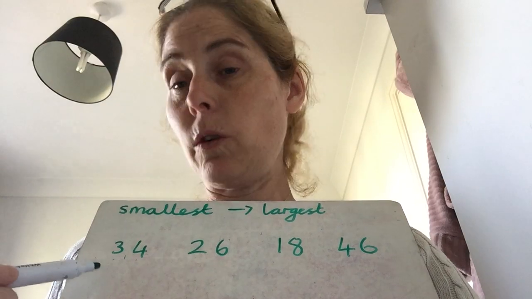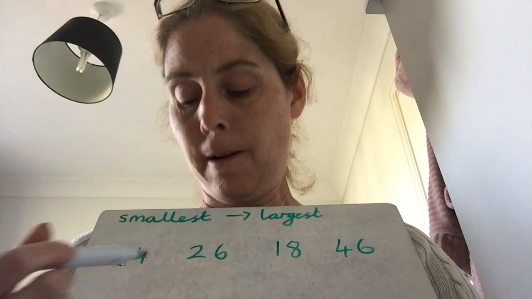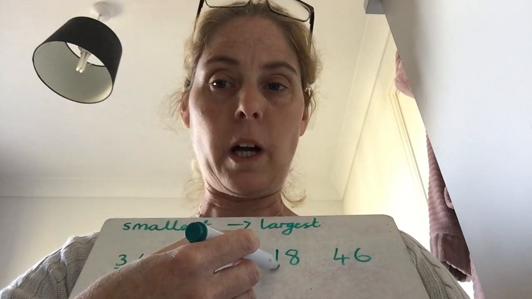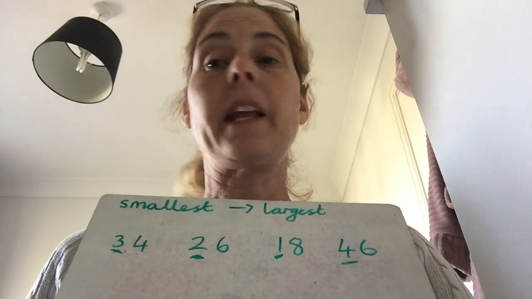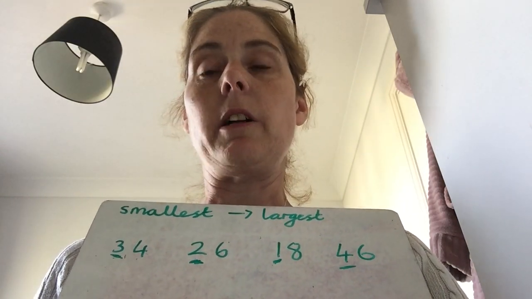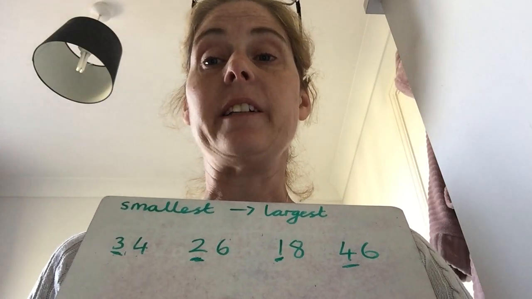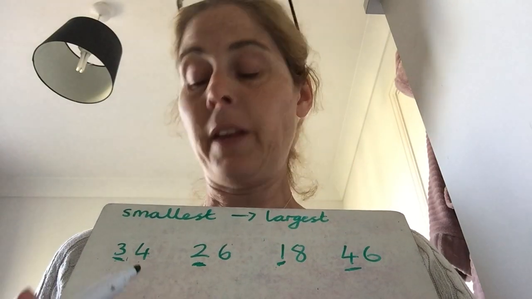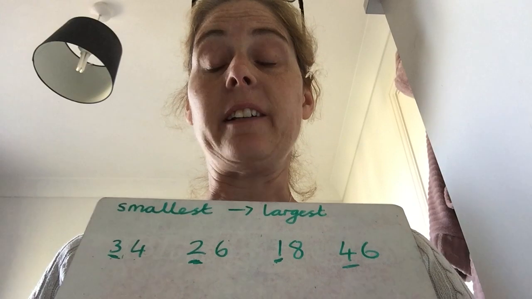If we look at all the tens numbers, this one's got 3 tens, this one's got 2 tens, this one's got 1 ten, and this one's got 4 tens. Now we don't need to look at the ones this time at all, because we can order them just by looking at the tens. Because if we're starting from the smallest number, we need to look at the one that's got the least amount of tens.